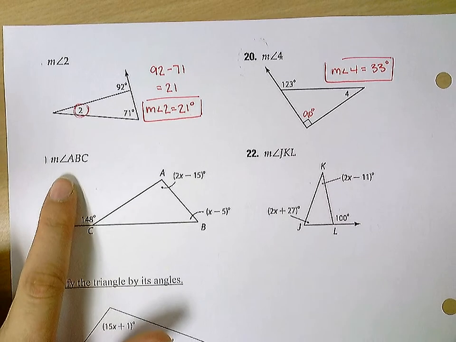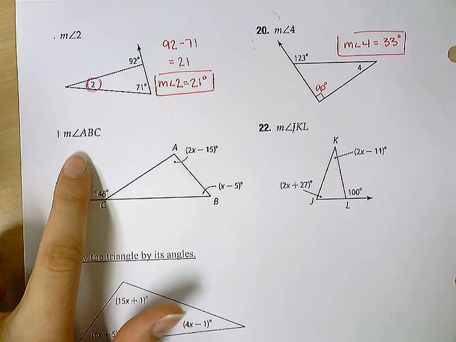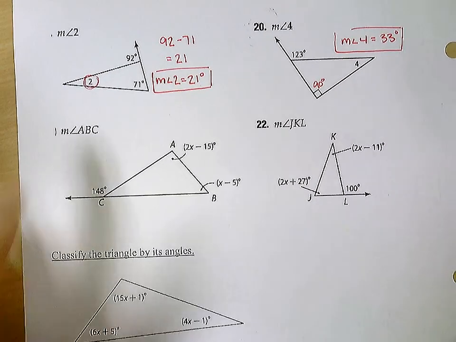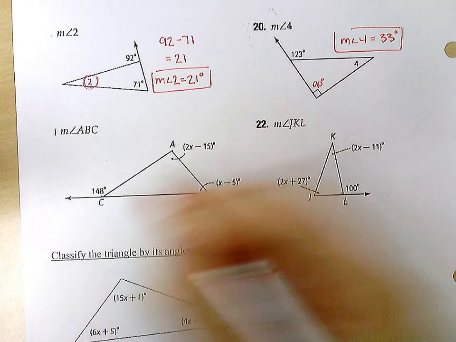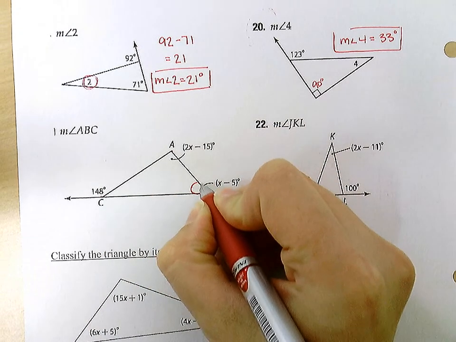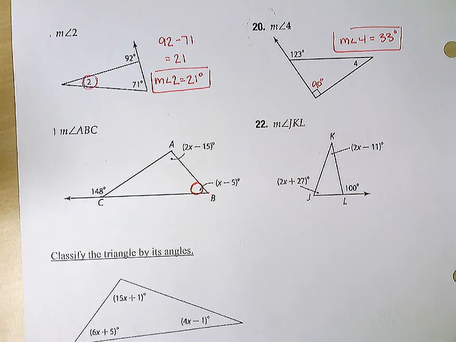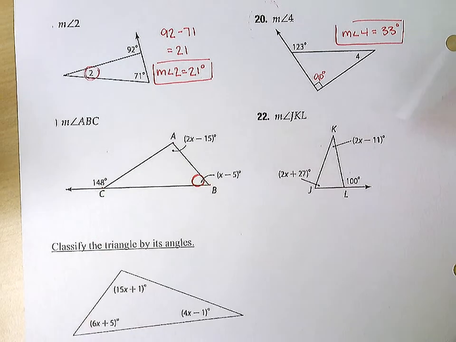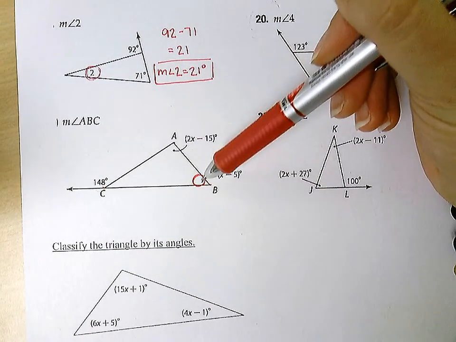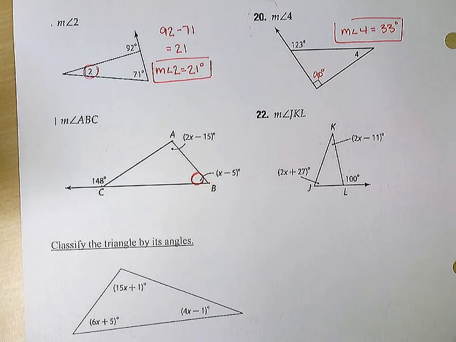All right, next one right here, we're finding the measure of angle ABC. Okay, so angle ABC is this angle right here. So we need to find what that measure is. In order to find what that measure is, we have to solve for x. Well, I know I have an exterior angle of 148. I'm also given equations for the two remote interior angles.